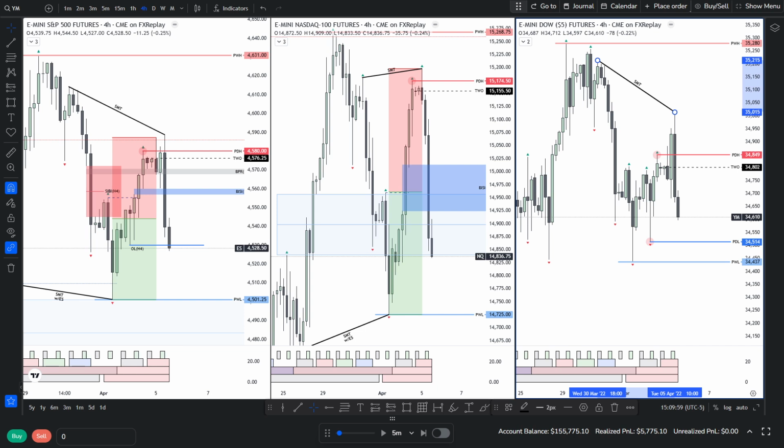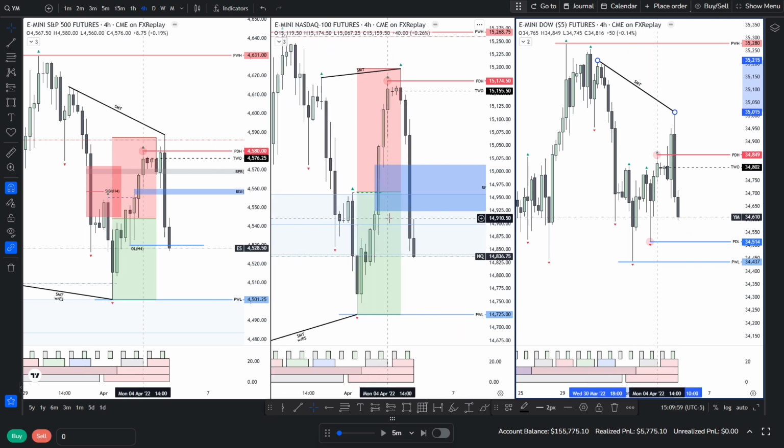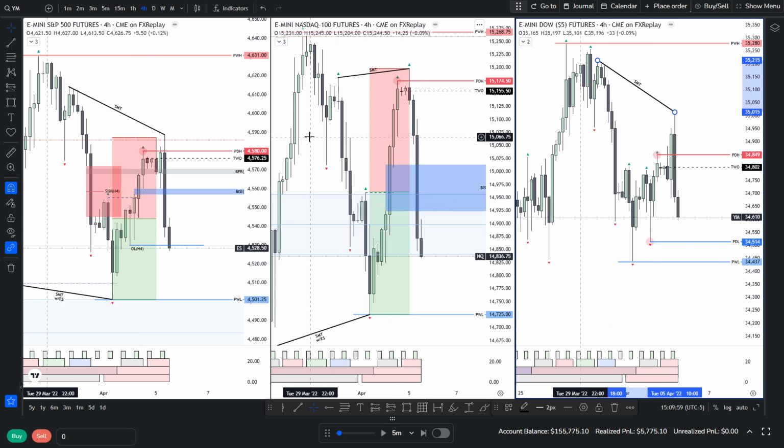Okay, so I'm just going to add here: high time frame SMT going back up to 4 days is high probability. So it can go across 2 cycles in essence.